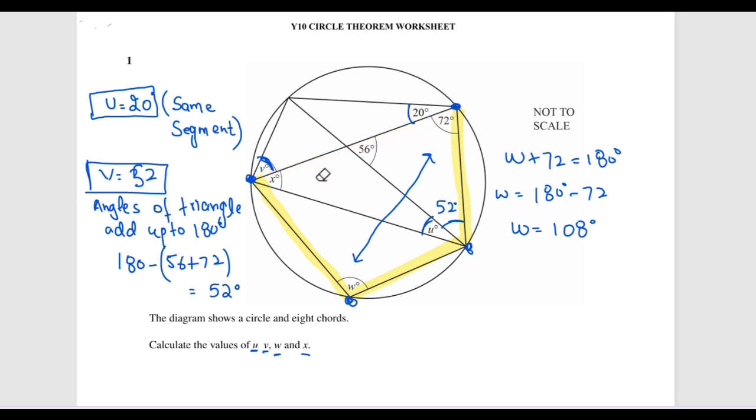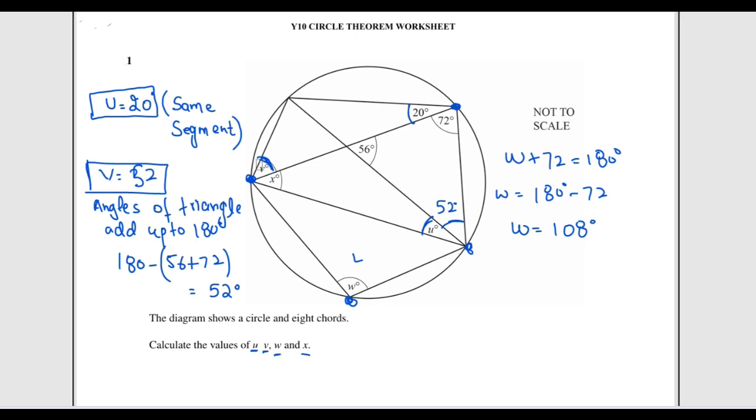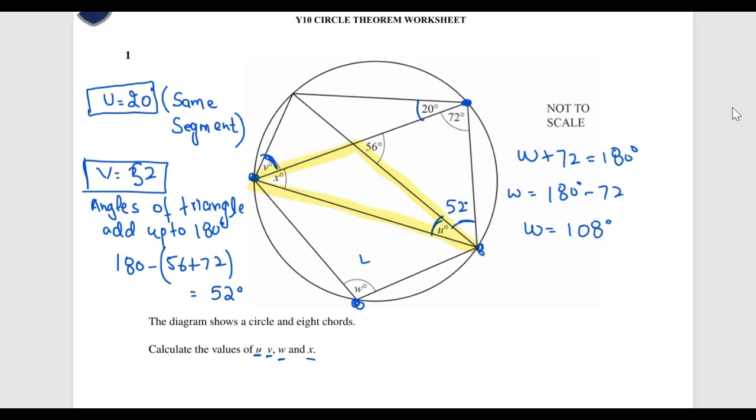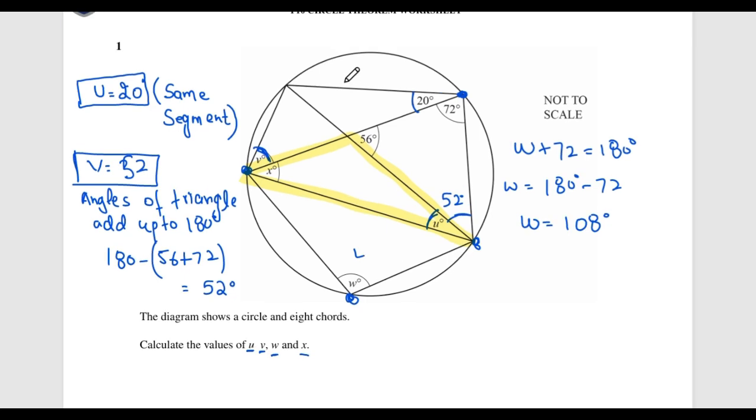Okay, after it, there is only one variable left, and that is x. We can see there is one angle which is lying on a straight line next to 56. So if I subtract 56 from 180, I'll get this angle, which is 124. u we already know is 20.